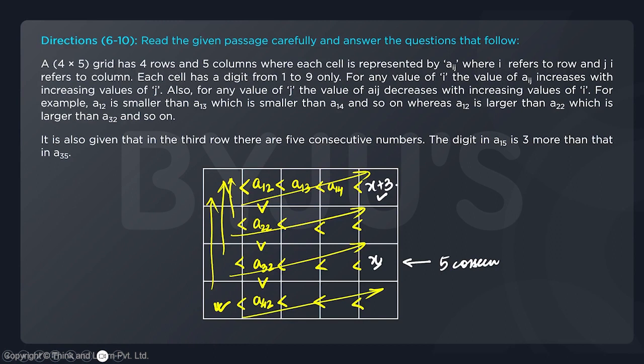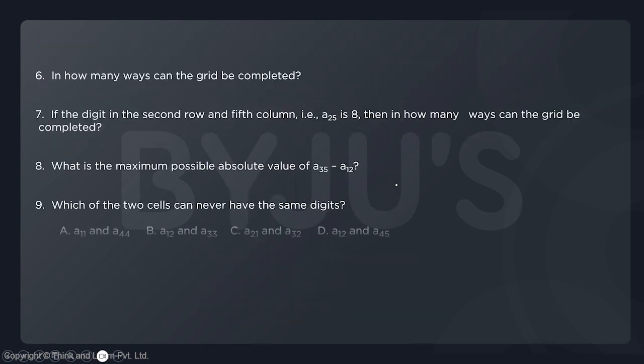So having understood how we are going to fill this particular grid, let's look at the questions and understand, are we going to have cases or a specific scenario, so that our thought process will move accordingly. The questions are, in how many ways can the grid be completed? Definitely it's not going to be 1, right?